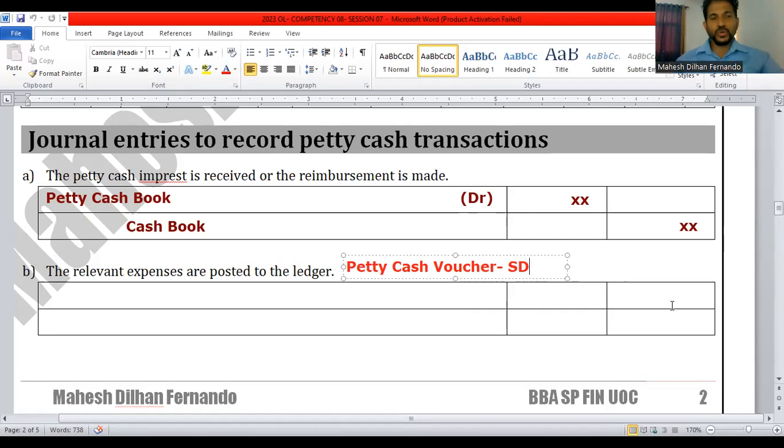To record the petty cash payments. Then my question is, to record this one, the collection of petty cash imprest or the reimbursement, what is the source document? Think. What is the source document?